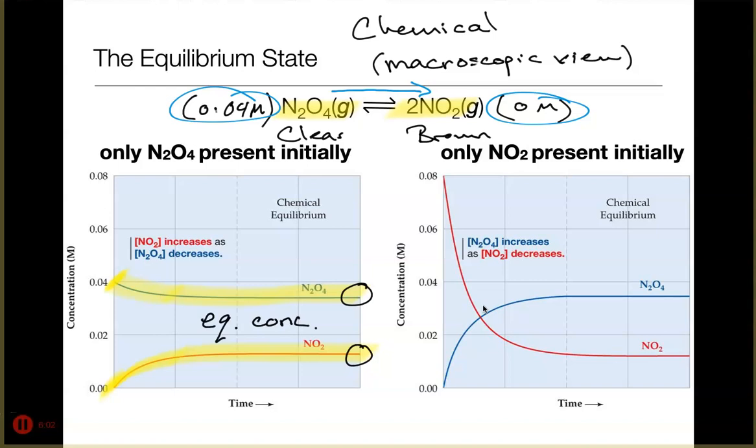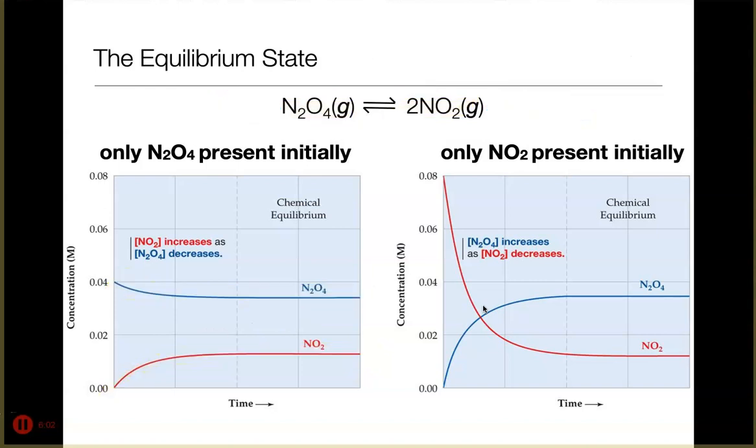That's just one case that we can look at, where I started with some of my reactants. If I start with just NO2, so I'm just starting with products, and let's estimate that as around 0.08 molar, that's here, and then 0 molar for the N2O4. This reaction actually happens.